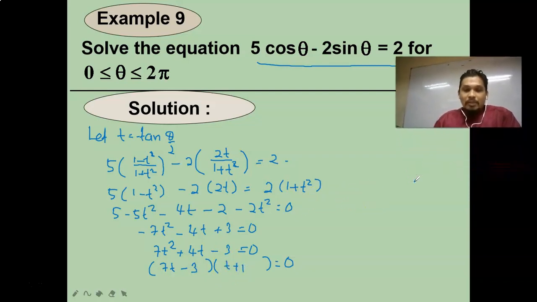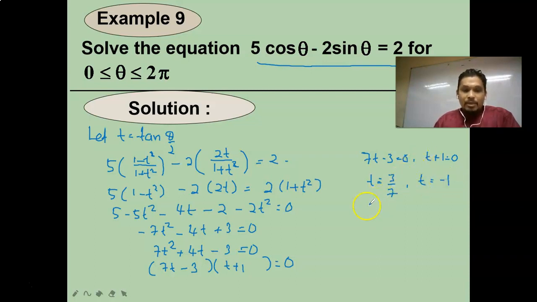So what do we get here now? 7t minus 3 equals 0 and t plus 1 equals 0, then t equals 3 over 7 and also t equals negative 1.